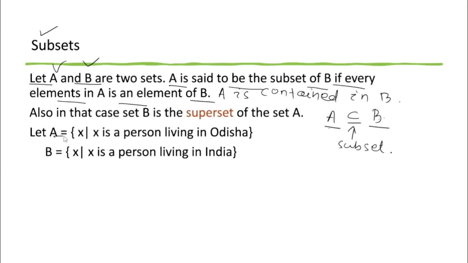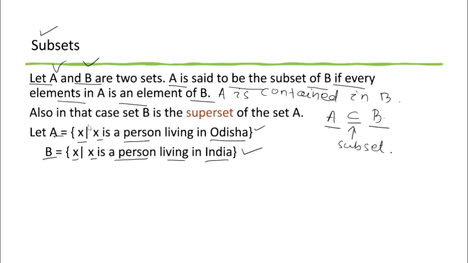Let A be the set of all x such that x is a person living in Odisha, and B be the set of all x such that x is a person living in India. As we know, Odisha is a state of India, so Odisha comes under the territory of India. If a person is in Odisha, it directly implies that he lives in India.